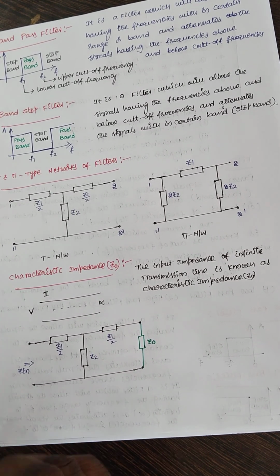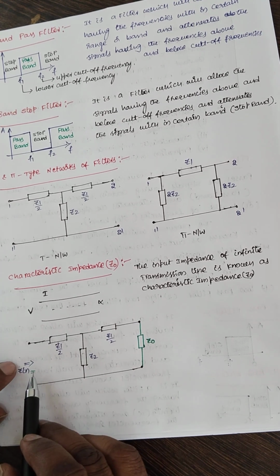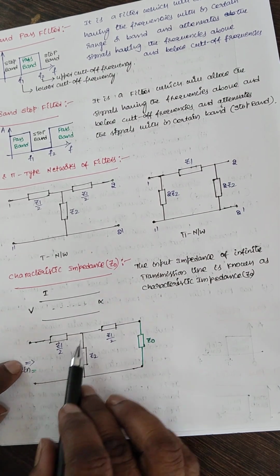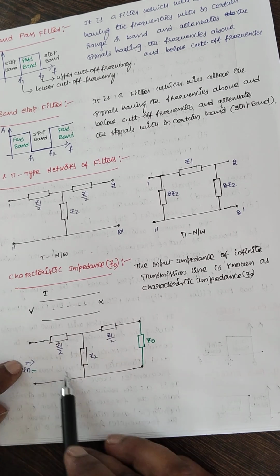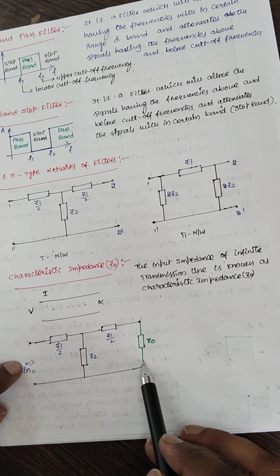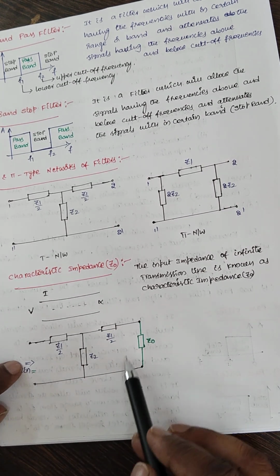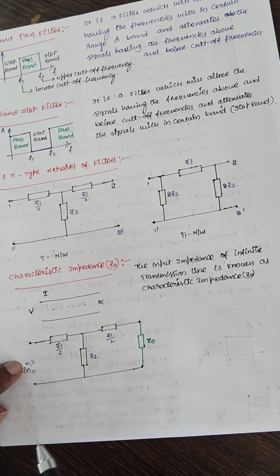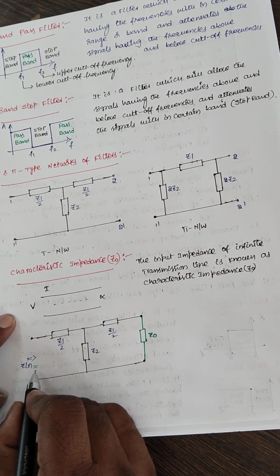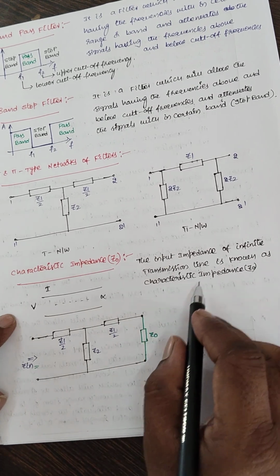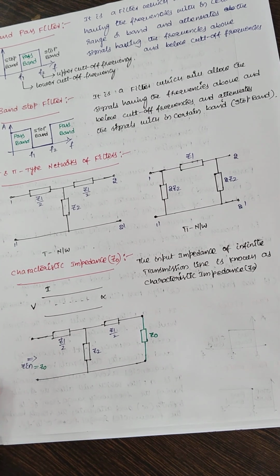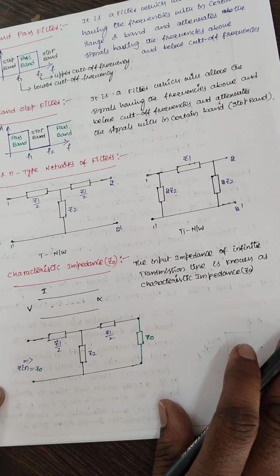Now it is called an infinite length transmission line. Now what is the input impedance of a transmission line which has infinite length? Nothing but the characteristic impedance. So it is Z0, it is Z0, it is also Z0.